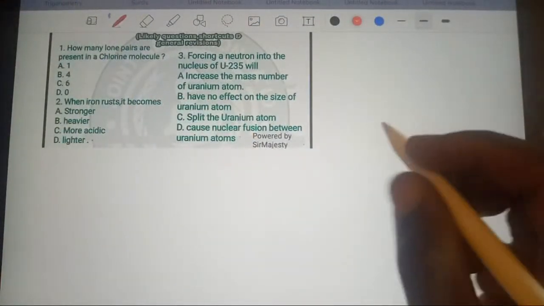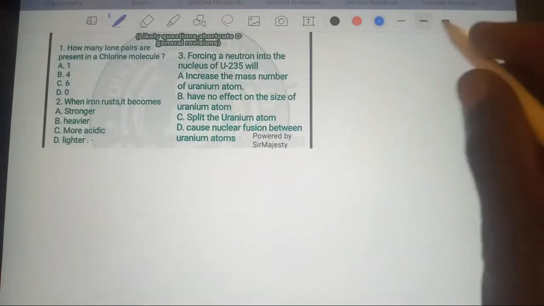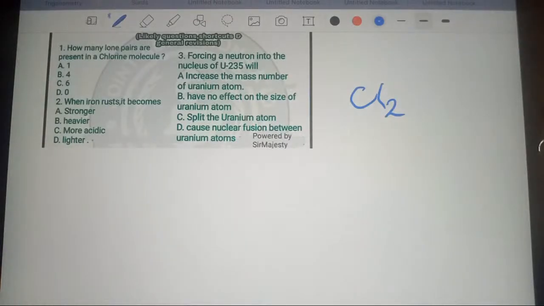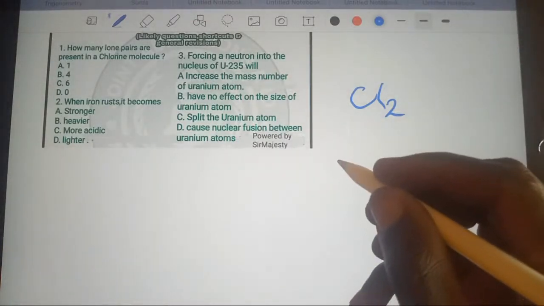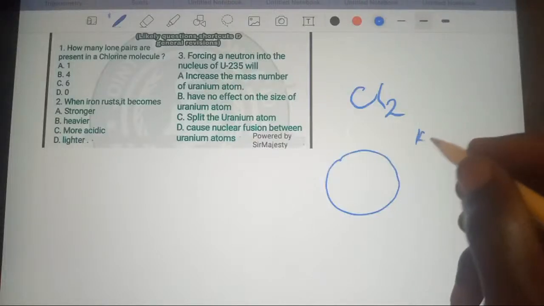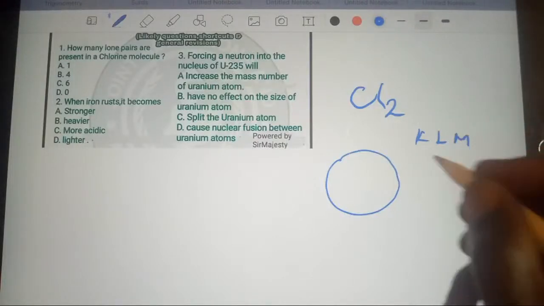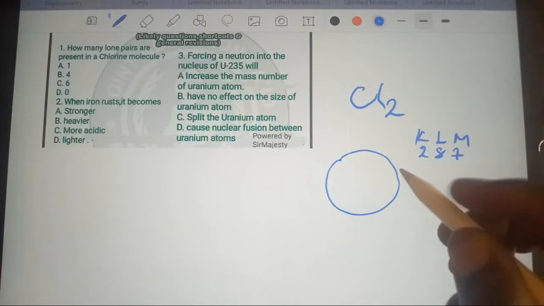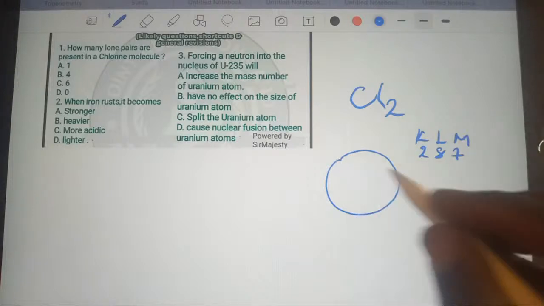You see it. So remember, chlorine is diatomic, meaning we write Cl2. Simple. Then in one chlorine, the electronic configuration shows that chlorine is number 17. So we have K, L, M, which means 2, 8, and 7. So one chlorine atom will have 7 electrons in the outermost shell.